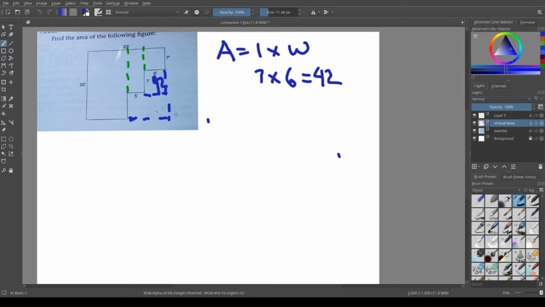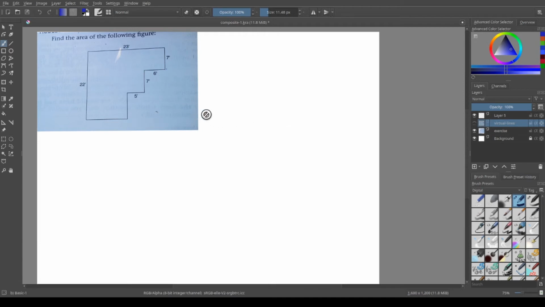42. Now I come down to my other rectangle. Looking up here, let me turn this off. I don't need this anymore. Oh, I'm going to go back and do this right here. Put that in there. So the area is 42.